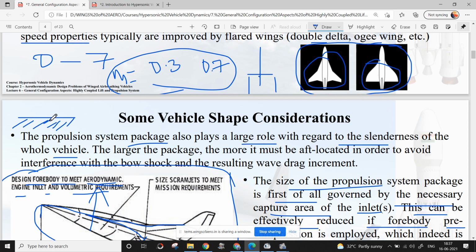The velocity will surely be reduced in the nearby boundary layer. That is for a flat surface. But when I make an inclination, the forebody is inclined, so more pre-compression will be done.